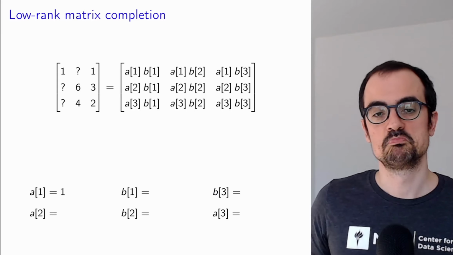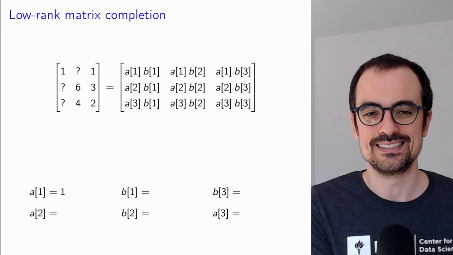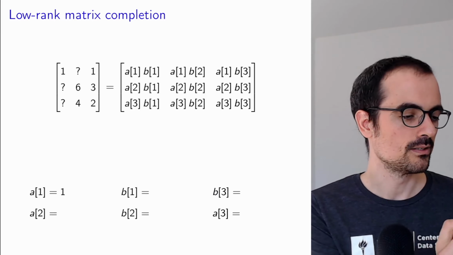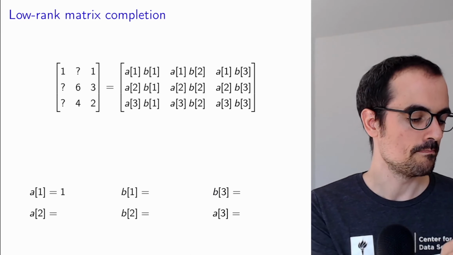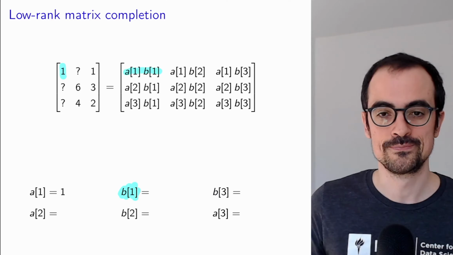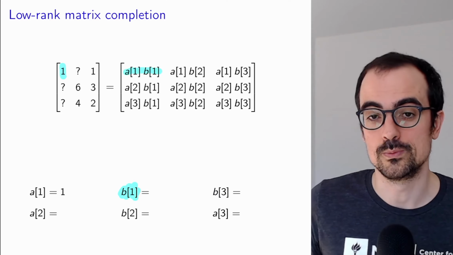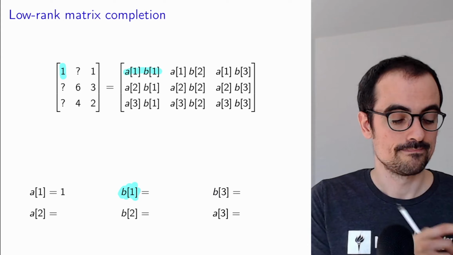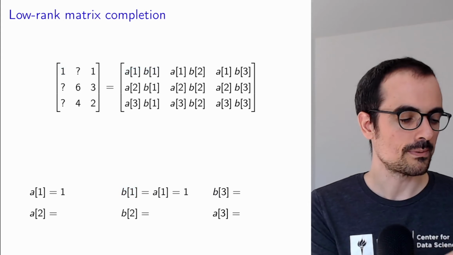And now I'm going to show you that you can actually solve this riddle, because what should B1 be equal to? Well, here we see that A1 times B1 is equal to 1, and we have fixed A1 to be equal to 1, so B1 is also equal to 1. What about B3?